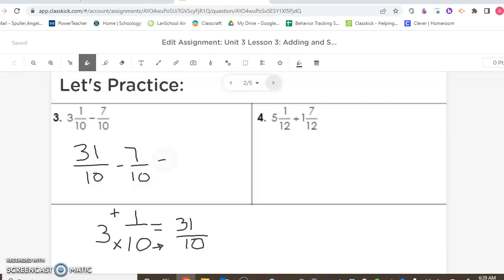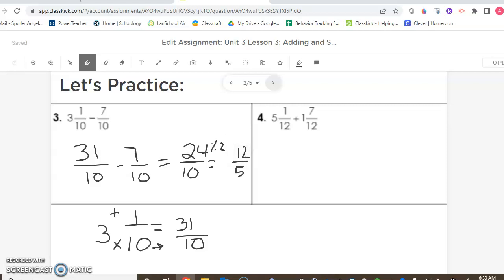Well, that is going to equal, 31 minus 7 is 24 over 10. I can simplify this, and I can take 2 out of each one, divided by 2. That's going to give me 12 over 5. I can simplify it more.